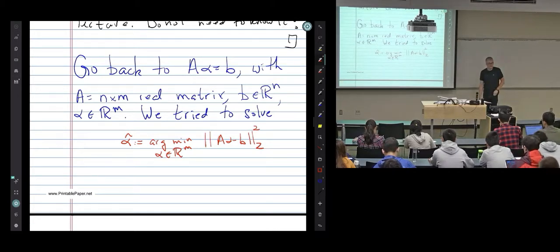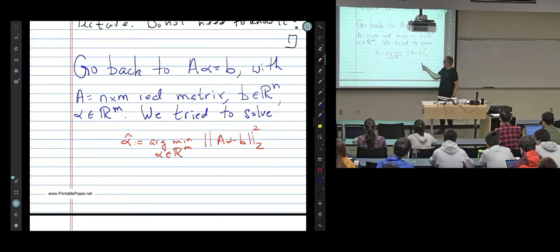You guys remember that? And then I told you, you just multiply by A transpose on both sides. If the columns of A are linearly independent, then A transpose A is invertible, and you just solve for alpha, done, okay?